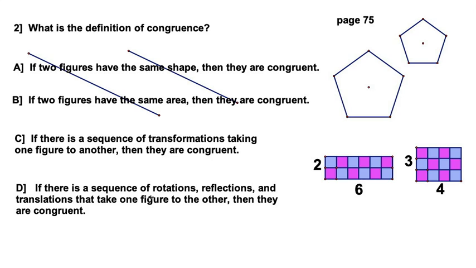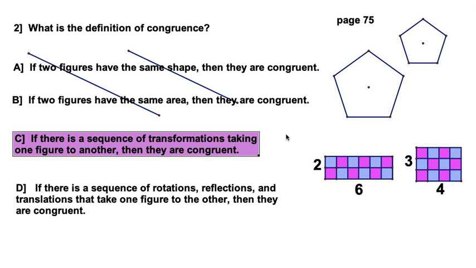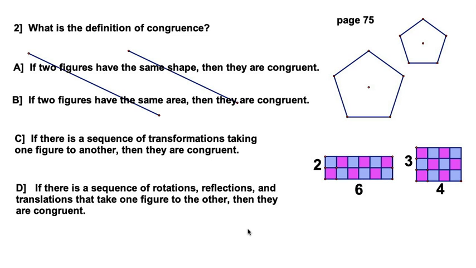If there's a sequence of rotations, reflections, and translations that take one figure to the other, then they are congruent. These two seem to say the same thing, but I'm guessing that they're trying to trick you here because a transformation that they could be talking about would be a dilation. See, they're specific here, saying it can only be rotations, reflections, and translations.